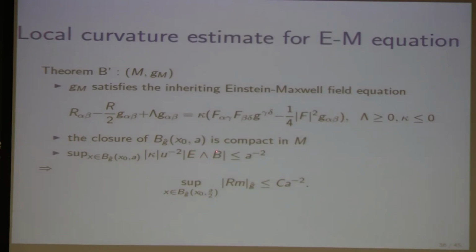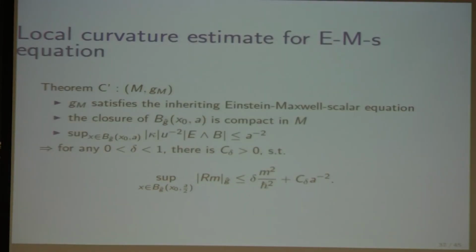So the Poynting vector is bounded, it is controlled, then the curvature is controlled. So for the Einstein-Maxwell-scalar equation, I can get this estimate. But still, I need the boundedness of the Poynting vector.